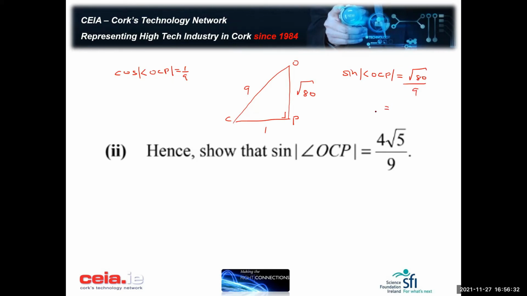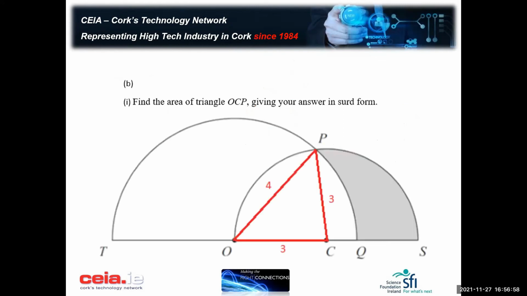Just to digress here, √80 is √16 by √5, and √16 is 4. So that's 4√5 all over 9. All right, and that's proven what he wants us to prove there.